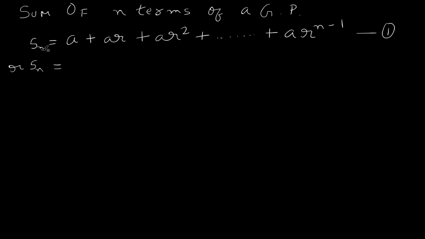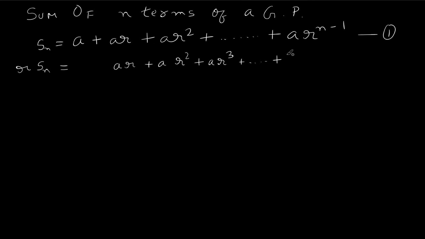If you multiply this by r, what will the first term be? ar. So we write the first term, ar, underneath the second term. Similarly, the second term would be ar square, right? And the third term would be ar cube, and so on.